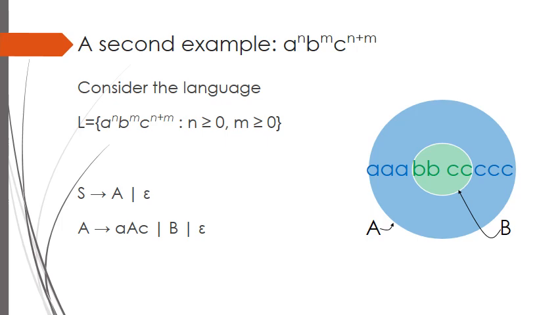Once the derivation for outer layer A is finished, the grammar should move to inner layer B. In this rule, the grammar can be terminated with epsilon. Likewise, variable B can be derived with the symbol b from the left and the symbol c from the right. Once the derivation for inner layer B is finished, the grammar must be terminated with epsilon.